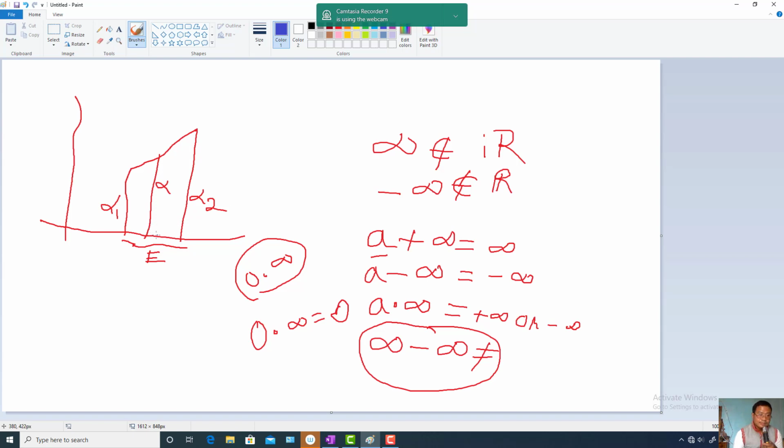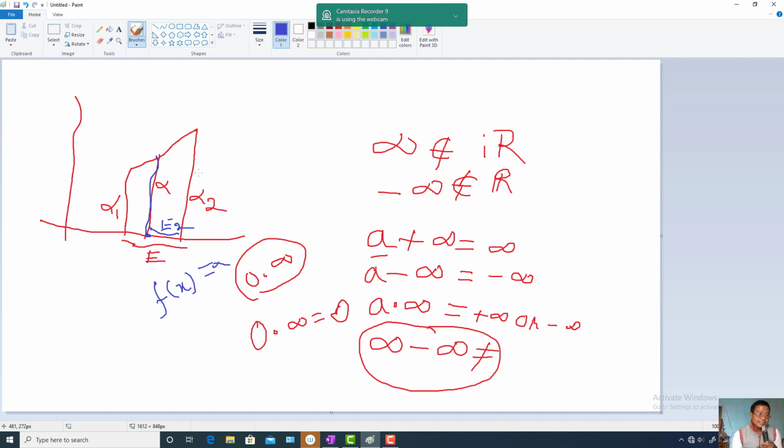This is E. So let it be E2. If you take alpha, this is a real number, the height from here to here is your alpha. So it means what? If this is x, what is f of x? f of x is equal to alpha.